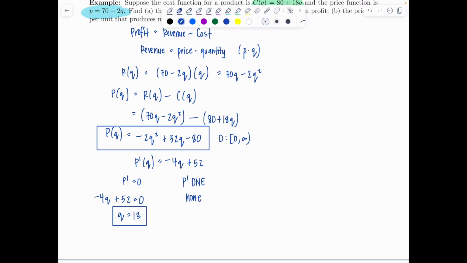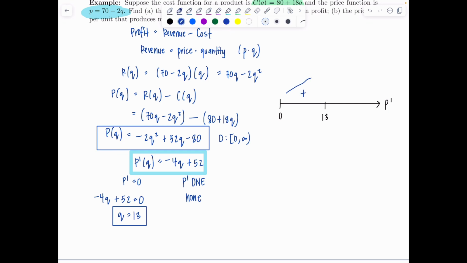Okay, so now let's go ahead and apply our first derivative test. Notice I'm making a number line with an arrow only on one side because the domain is restricted from 0 to infinity. This is P prime, here's 13. So plug in something between 0 and 13 into the derivative right here. How about 1? Negative 4 times 1 plus 52, that's positive.